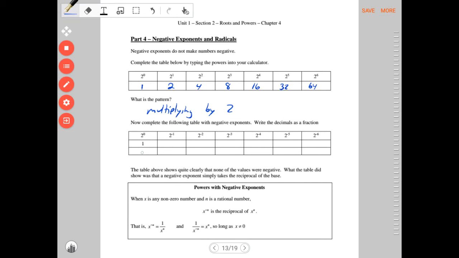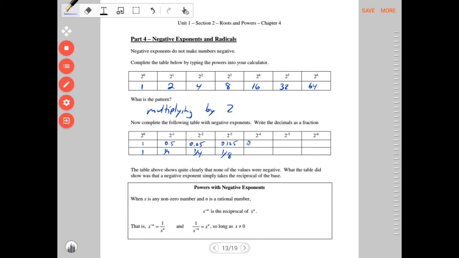So 2 to the 0 is just 1, which is, of course, just 1. That's the fraction. So 2 to the negative 1 is 0.5, or 1/2. 2 to the negative 2 is 0.25, which is 1/4. This is 0.125, which is 1/8.